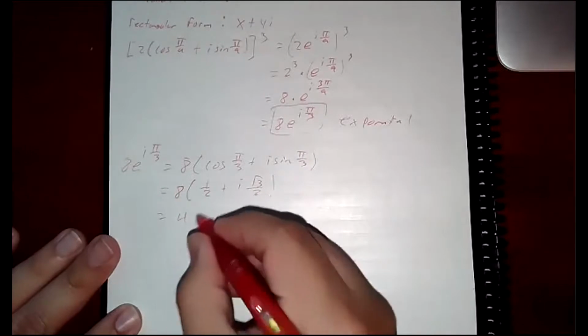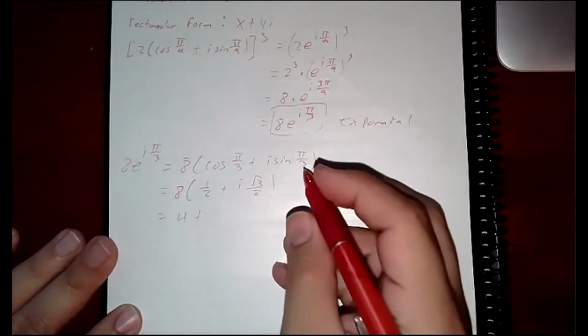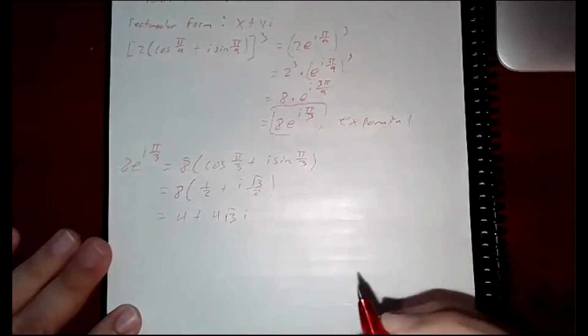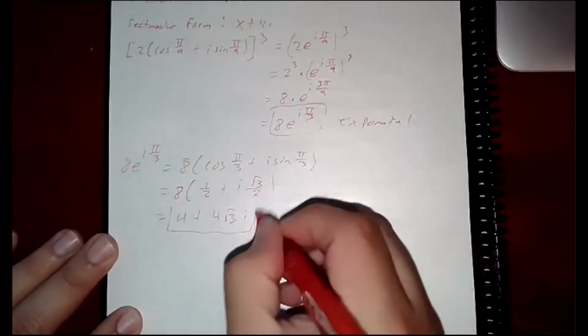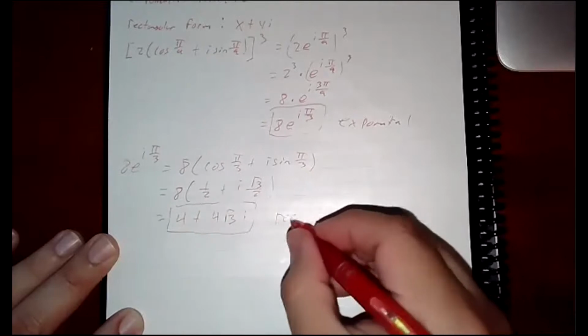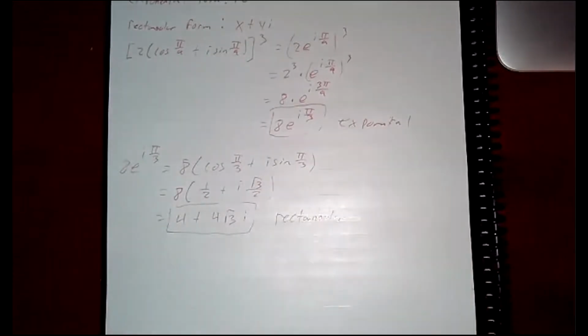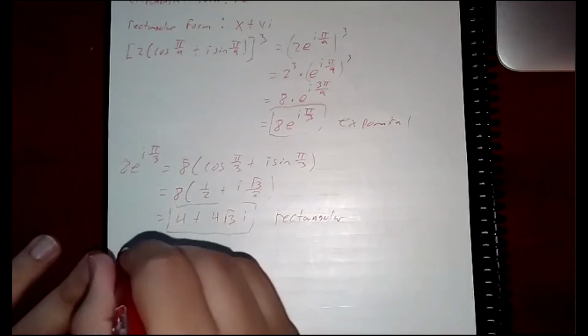So we get 4 plus 4 root 3 i. So this would be rectangular. Any questions on this problem here?